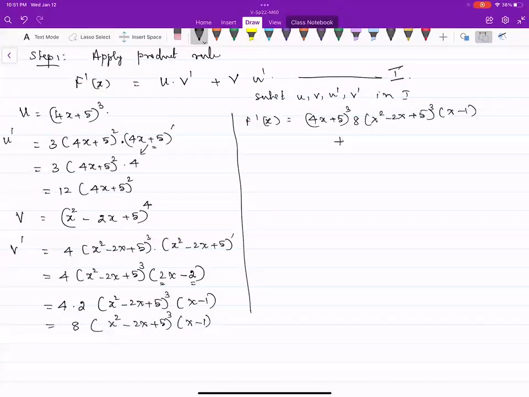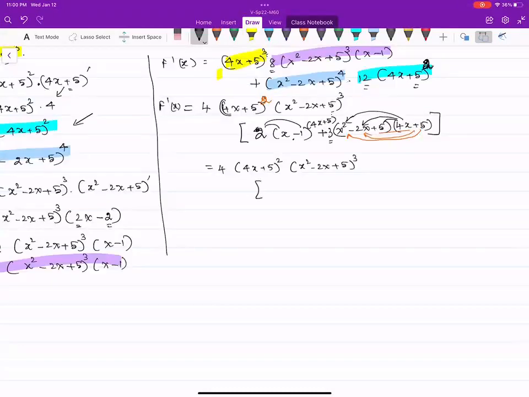Then v, which is (x squared minus 2x plus 5) the whole power 4. Then u prime is 12 times (4x plus 5) the whole square. We are left with 2 times (x minus 1) times (4x plus 5) plus 3 times (x squared minus 2x plus 5).